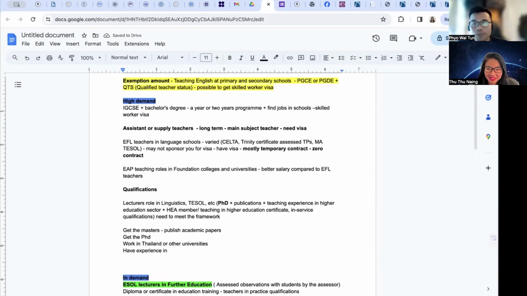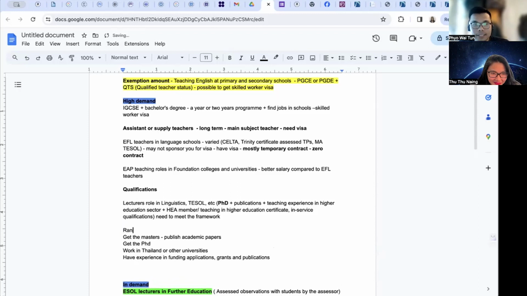But if you manage to get one, it will be easier to get similar positions in different universities, I think. It's a long process, but if you're interested in it, it's worth trying. Yeah, that's what I learned.